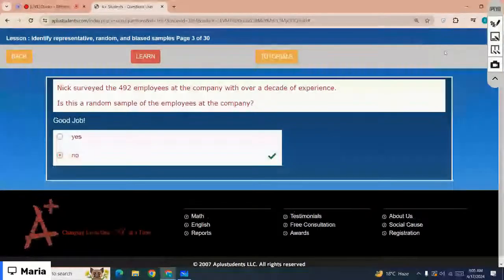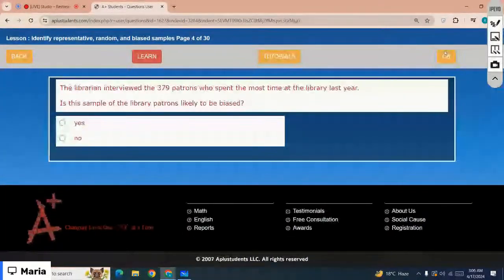The next one is: the librarian interviewed the 379 patrons who spent the most time at the library last year. Is this sample of the library patrons likely to be biased? So, which is the correct option?